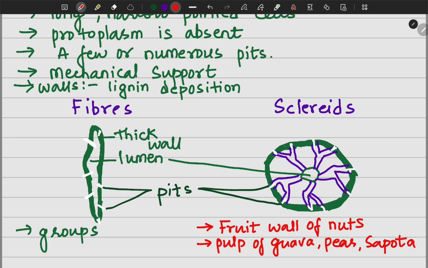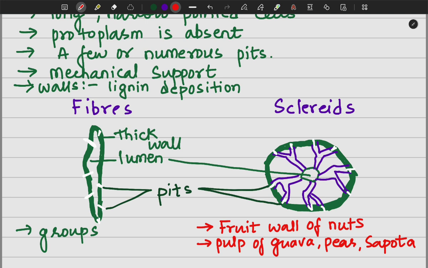So if you have ever eaten these fruits, guava, pear and sapota, then you must know that there's some part of the fruit in the pulp which is a bit hard to chew, right? There are some parts which are hard to chew, and that's because of the presence of sclereids.